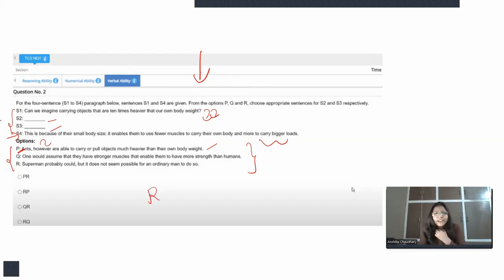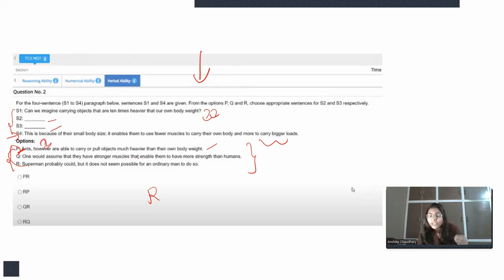Then here for S3, what should be the next? We were talking about a possible set of entity. Here, if we give examples after that Superman probably could, but it does not seem possible for an ordinary man to do so. Ants, however, so now we are contradicting the statements, right?